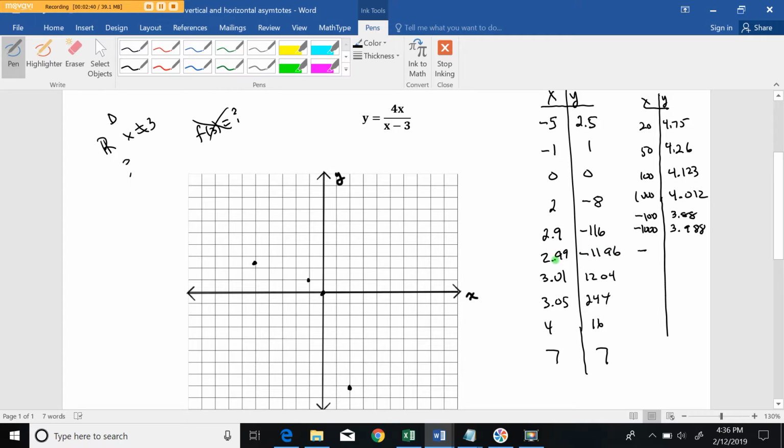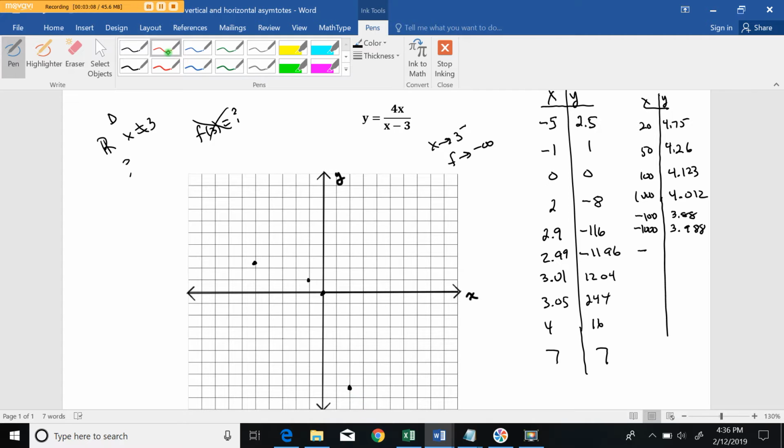So what's happening is, in math language, we say that as x is approaching 3, and there's a little notation here, this minus sign, which means from the left, the function is going to negative infinity. On the graph, that means as we approach 3, the function is going straight down. And as this function approaches minus infinity, that's what's called a vertical asymptote.